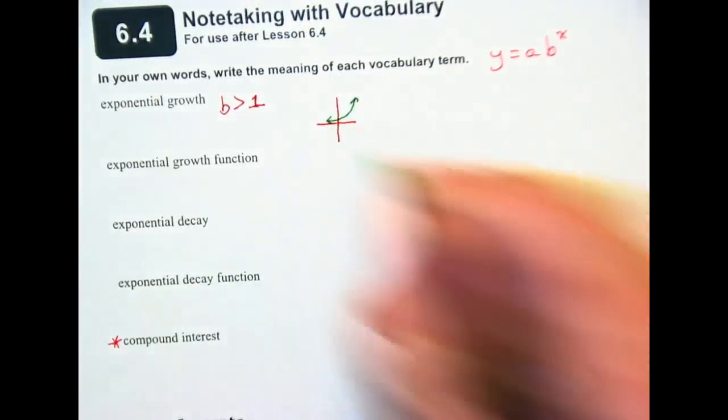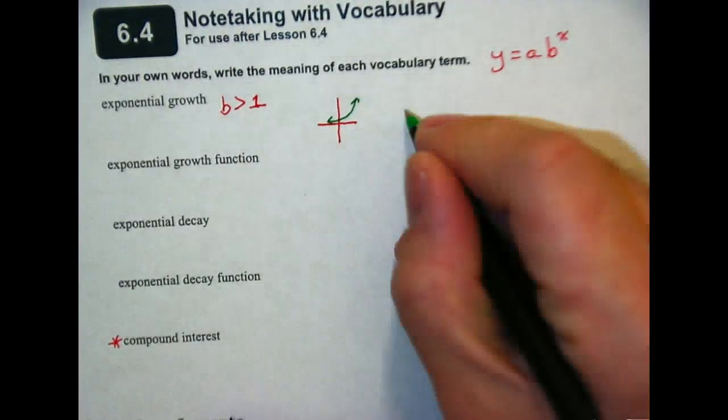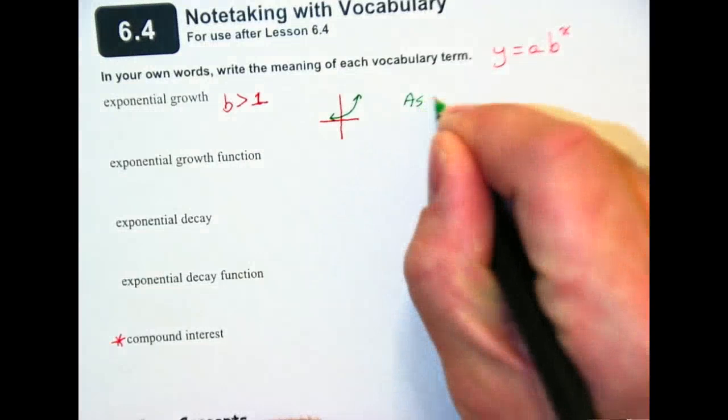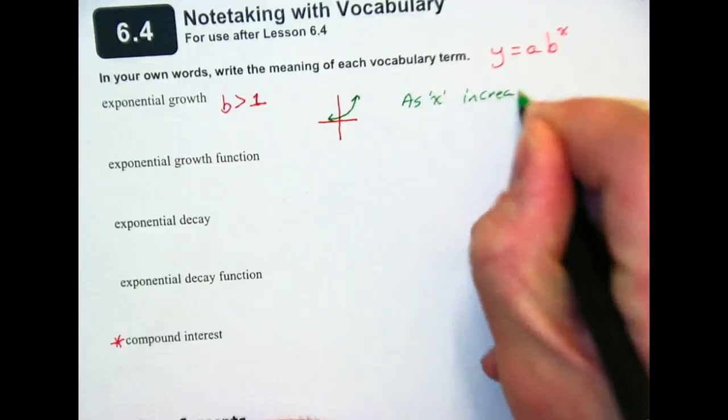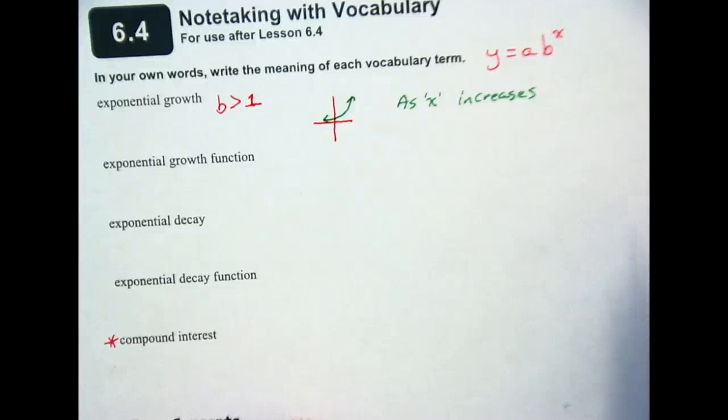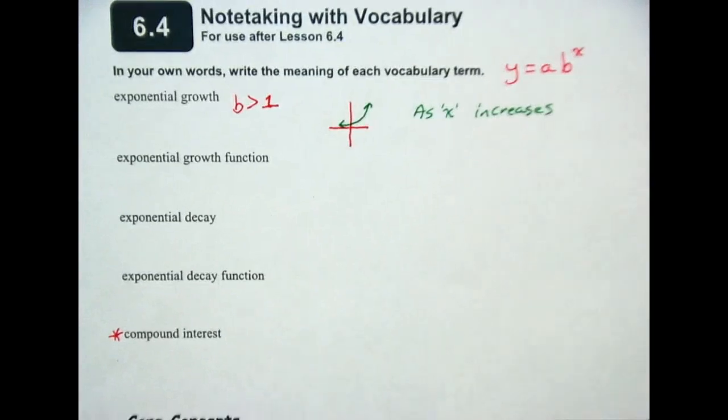Very good. Okay, so one way to believe that is as x increases, what happens? You guys finish the statement. As x increases, what do we have? Yeah? Y increases.